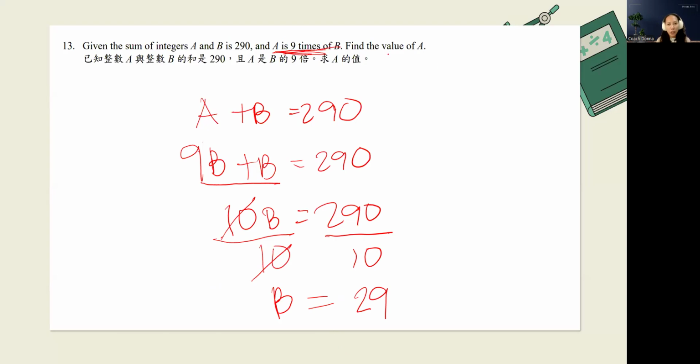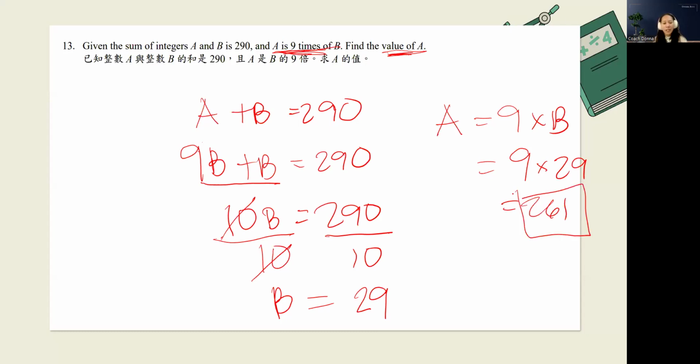But remember, we're not looking for b, we're looking for a. But you know that a is 9 times of b. So, b is 29, so you'll just have to multiply. 9 times 29 is 261. This is now our answer.